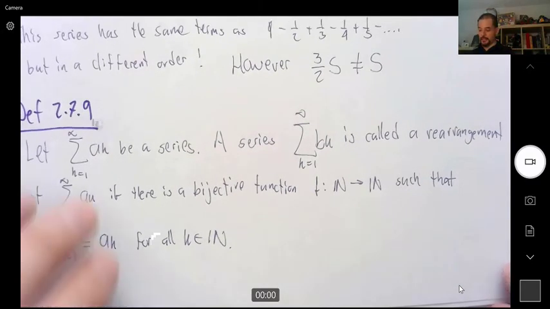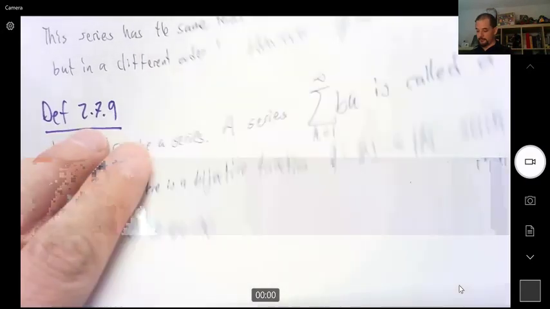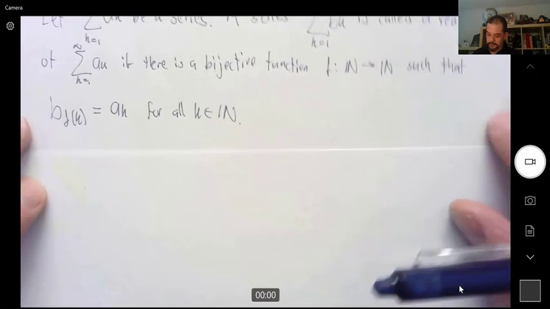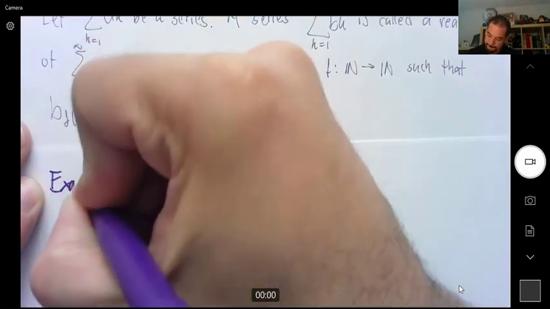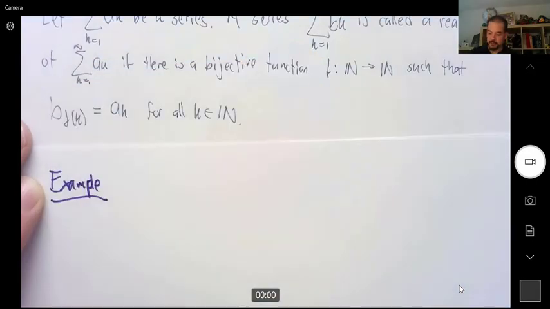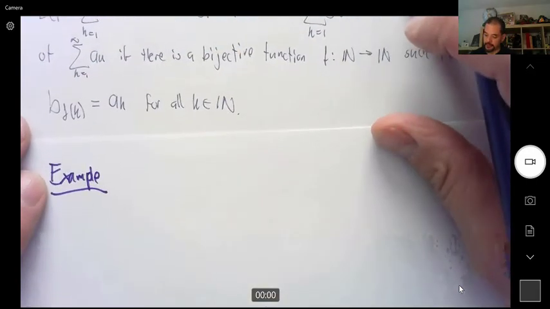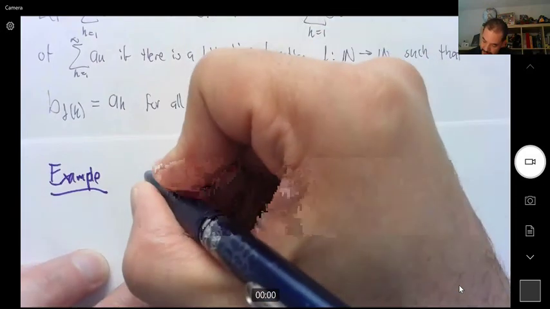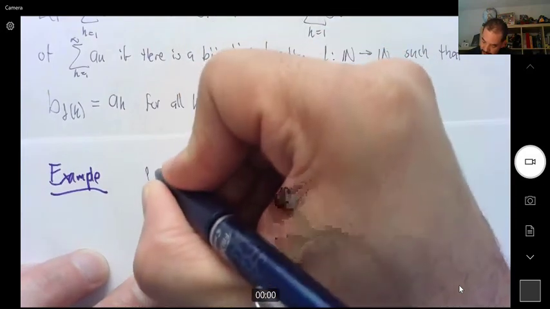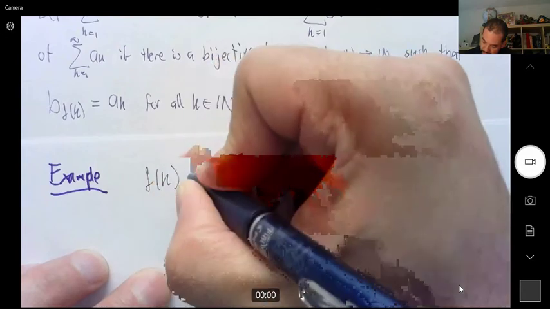Okay, I think we have time to put in a little example. Let's write an example here: an example of a rearrangement. So let's say that our function f of k is the following.